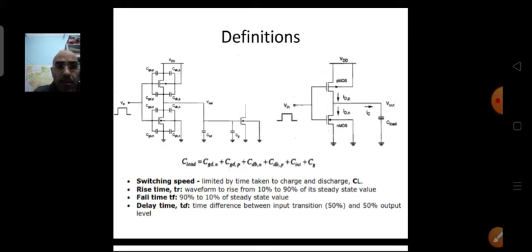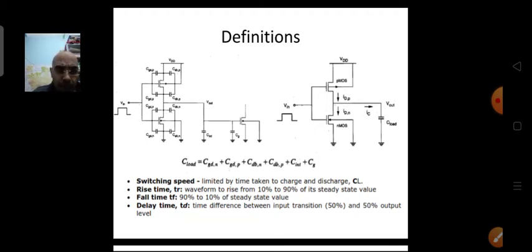The capacitance in the circuit comes from many things: the parasitic capacitance of the device itself, the parasitic capacitance of the interconnects, and the capacitance of the next stage.